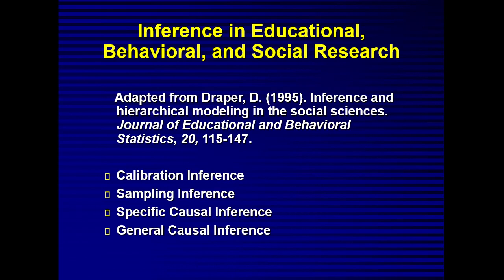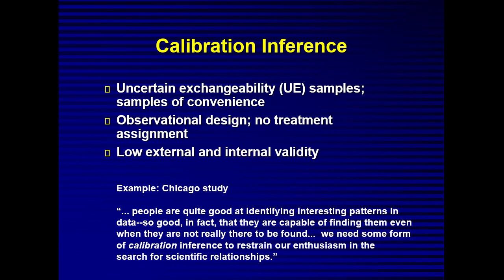Let's start with calibration inference. In calibration inference, the way the study is conducted is that there is uncertain exchangeability of samples. Now, I should take a moment to explain what I mean by uncertain exchangeability, or UE, of samples.